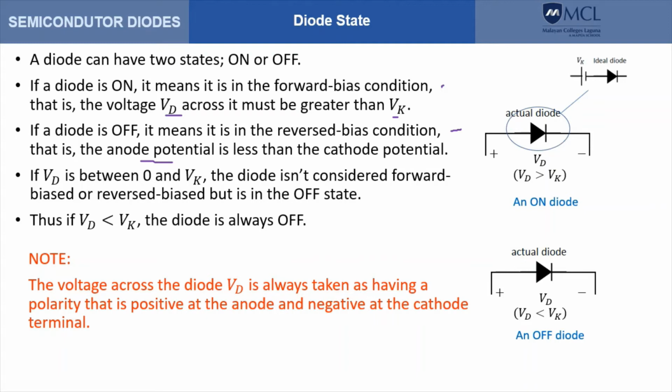If the voltage across the diode V sub D is between 0 and its turn-on voltage, that diode isn't considered forward biased or reverse biased, but it is in the off state. Therefore, if V sub D is less than the turn-on voltage, the diode will always be off. Take note that the voltage across the diode V sub D is always taken as having a polarity that is positive at the anode, while it is negative at the cathode terminal.